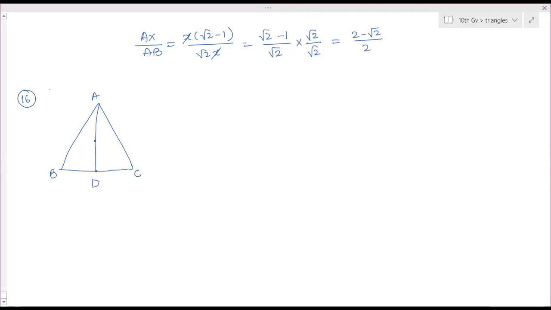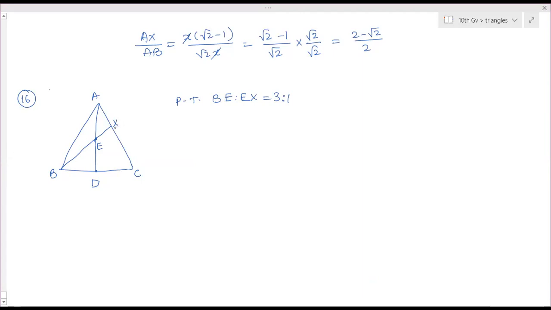AD is bisected at point E. BE is produced, cuts AC at X. Prove that BE is to EX, no, sorry, BE is to EX is equal to 3 is to 1.